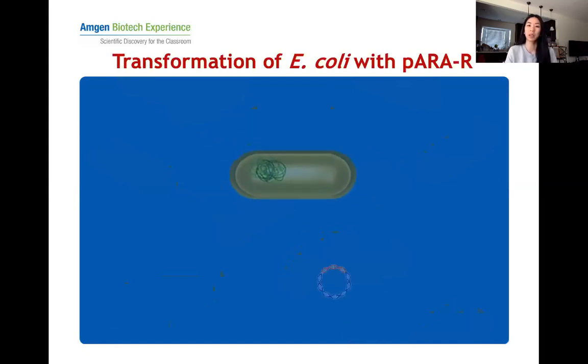And this is called transformation. So transformation of E. coli with pARAR, that's the whole point of this experiment, is we're trying to get these plasmids in. Once again, it's kind of rare. It's not super common that this happens. Once the plasmid gets into the bacterial cell, in theory, it should be able to produce RFP and create pink colonies.